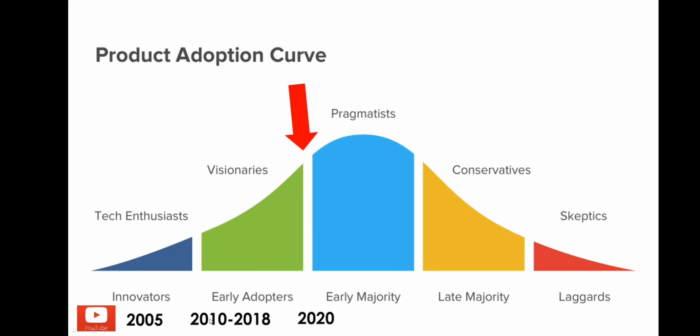If you got on YouTube from 2010 through 2018, you were an early adopter for sure. There's definitely advantages, first mover, but that is in the past. So now moving into 2020 and beyond, we have to see that there's still at least 50% upside for market share.